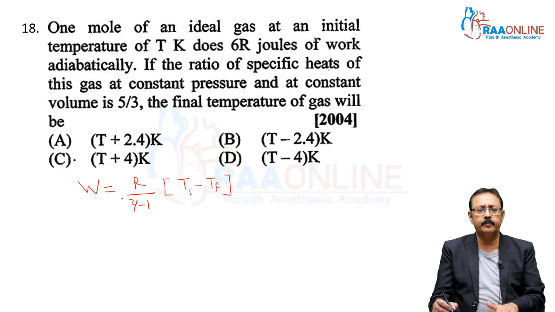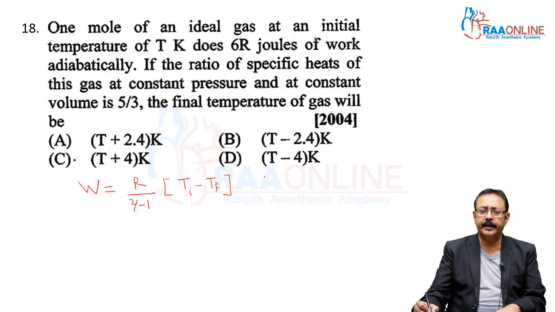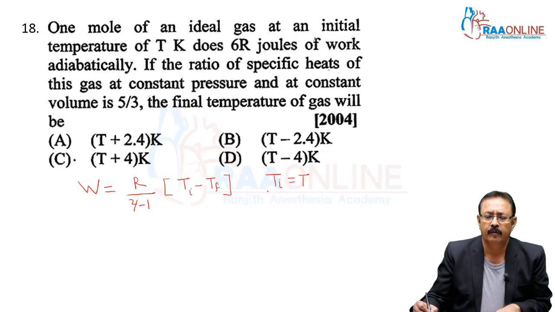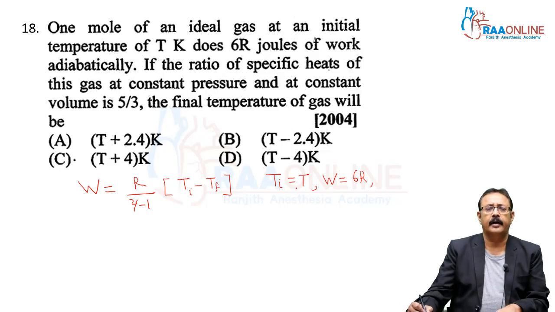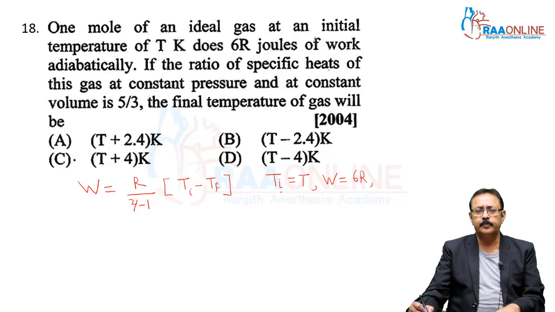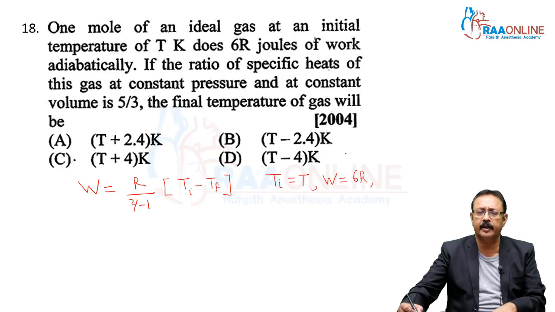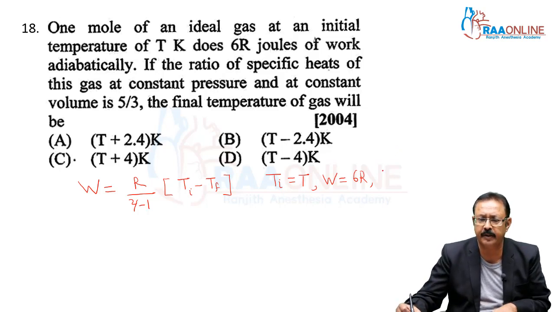So in this problem, each and everything is given. The initial temperature was T Kelvin. Work done was 6 R joule. And the ratio of specific heats, Cp upon Cv, meaning gamma, is given as 5/3.